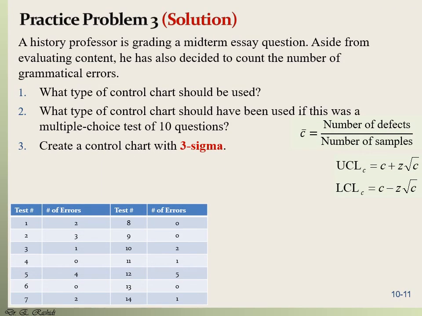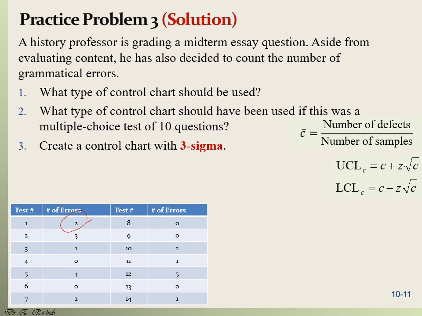So first of all, this is a C chart because we can count the number of grammatical errors, but we cannot count the number of non-grammatical errors. For example, student 1 has 2 grammatical errors, but it doesn't even make sense to count the number of non-grammatical errors.